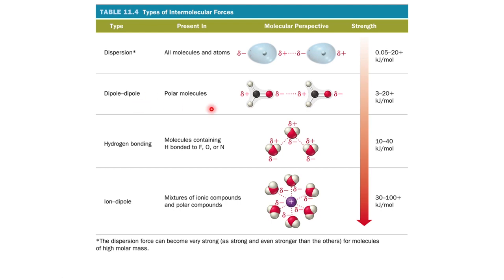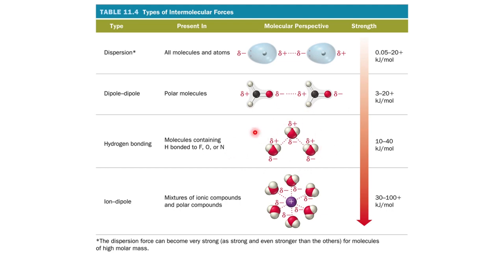Dipole forces are between polar molecules, and they're about here, this energy. For hydrogen bonding, again, remember, you have a lone pair on an F, O, or N, and then you have a hydrogen attached to an F, O, or N, and that's where we get those hydrogen bonds.